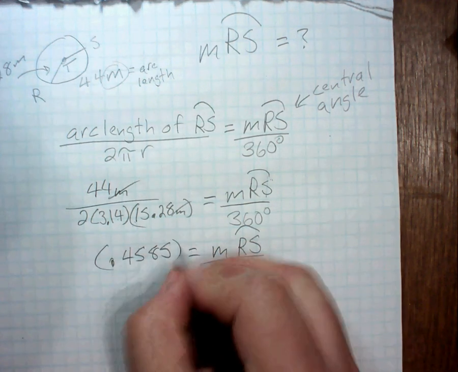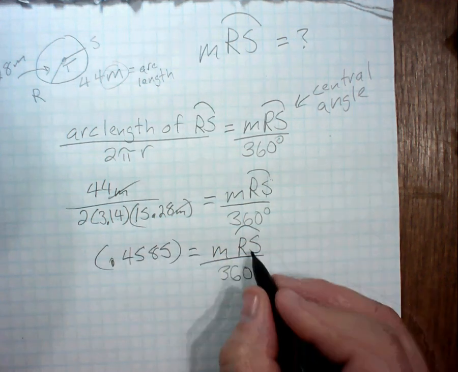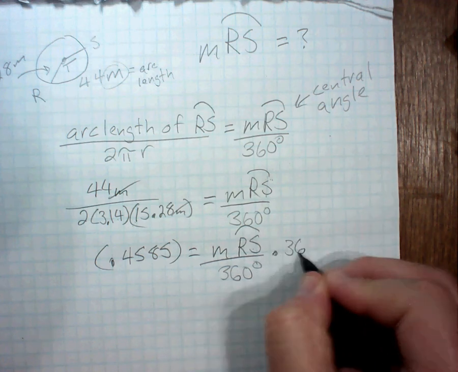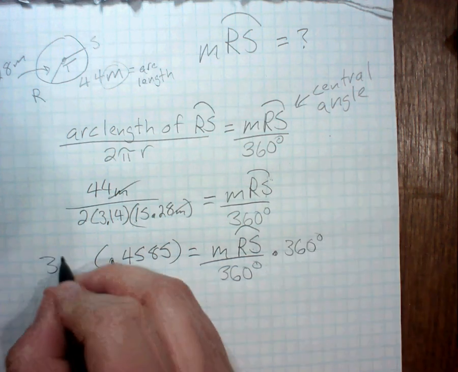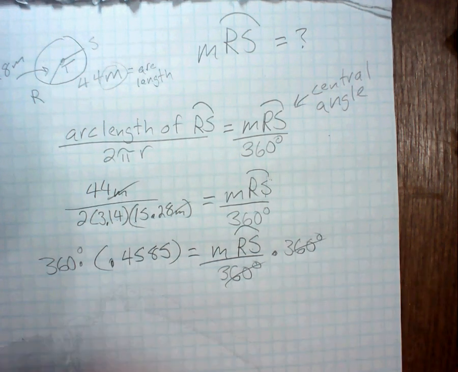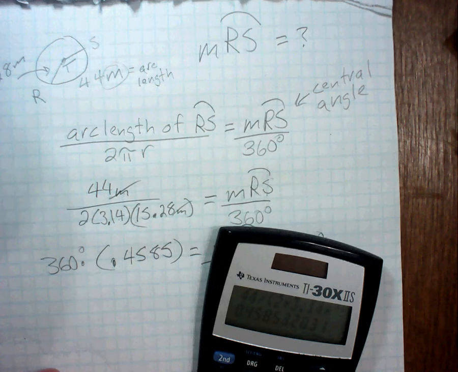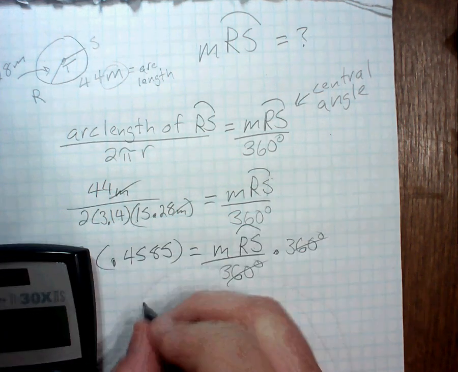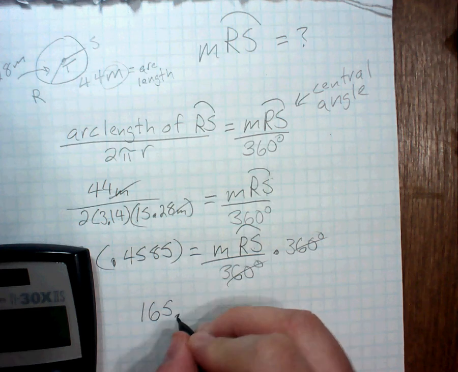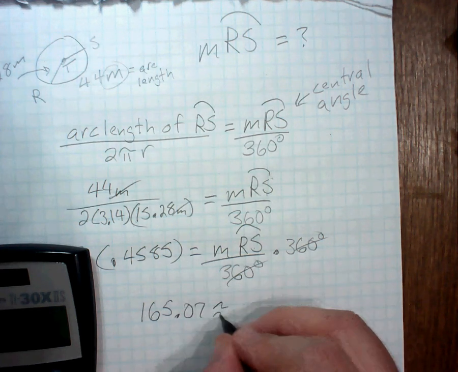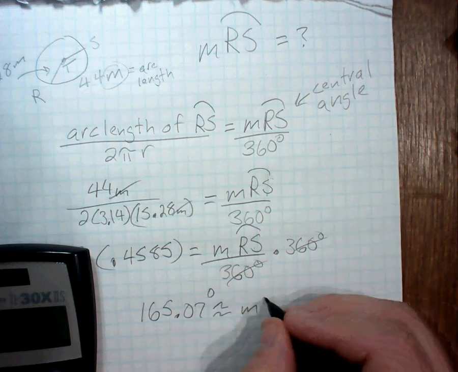So now what I need to do to get this 360 away, because I'm solving for the measure of RS, I'm going to multiply both sides by 360 degrees. So these will cancel, and then I just take this number and multiply it by 360, and I get 165.07 approximately, and that's in degrees.